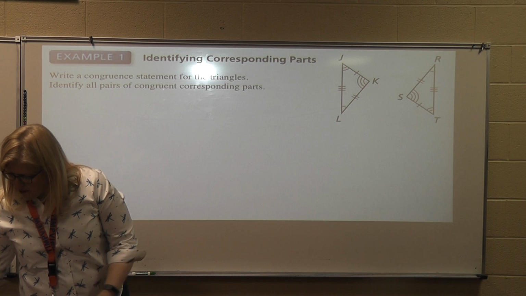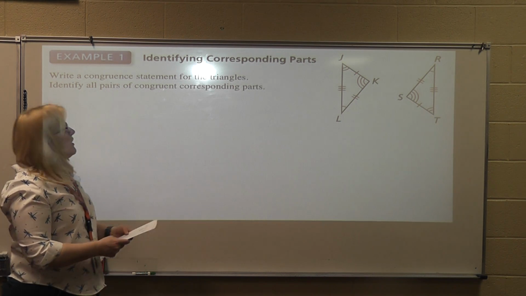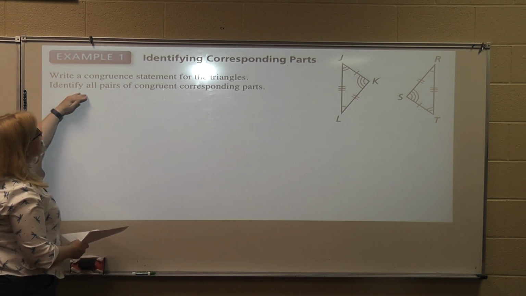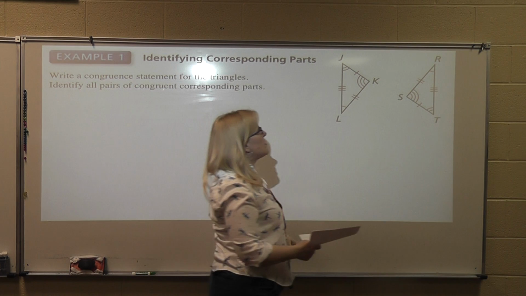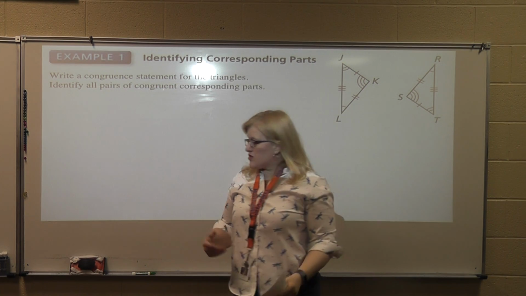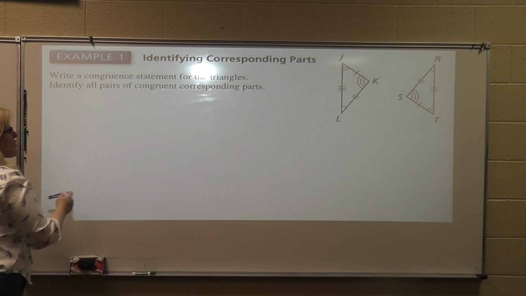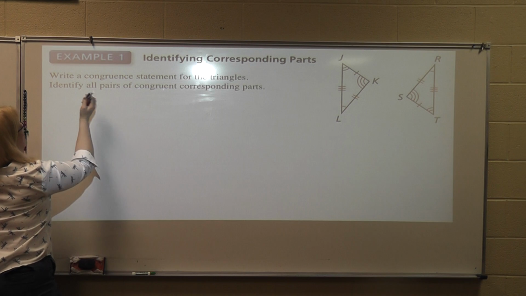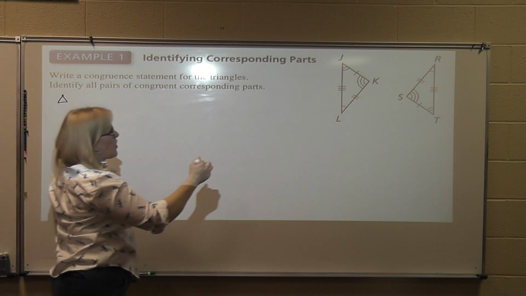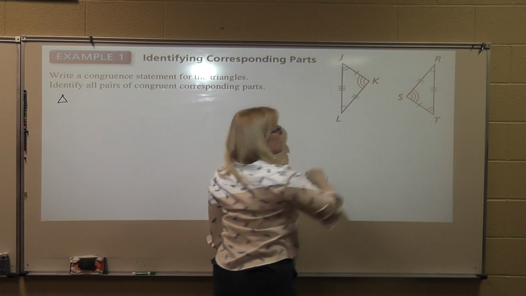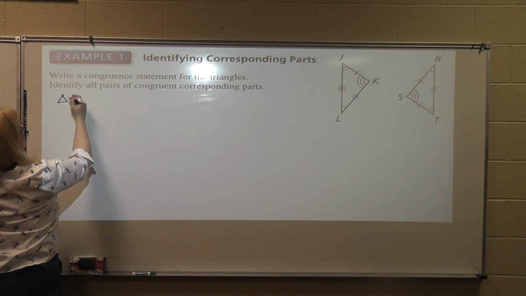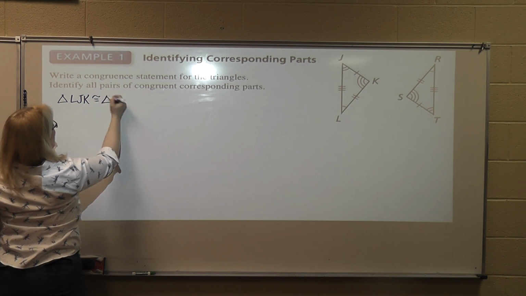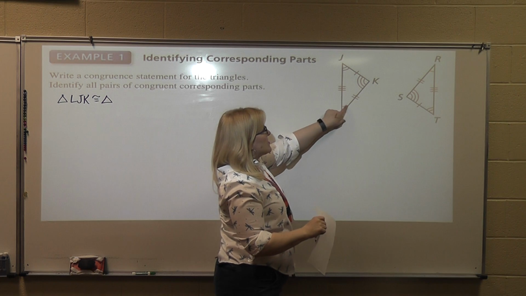So let's look at an example right here. They want us to write a congruent statement for the triangles and identify all pairs of congruent corresponding parts. So if we're writing to show that these triangles are congruent, I could say triangle LJK. I know it's not in alphabetical order, but that's what I want to do. LJK is congruent to triangle, well, my L has the one line.